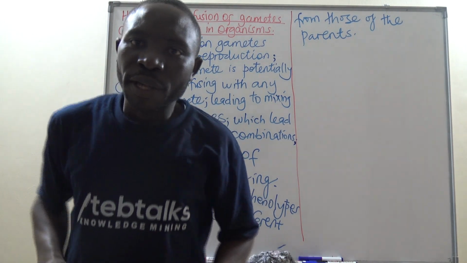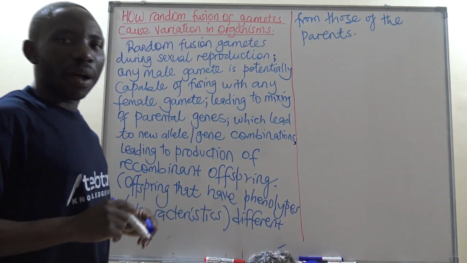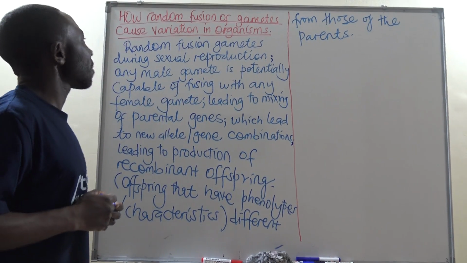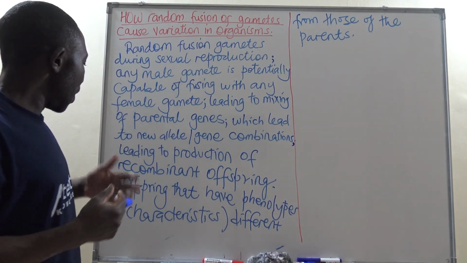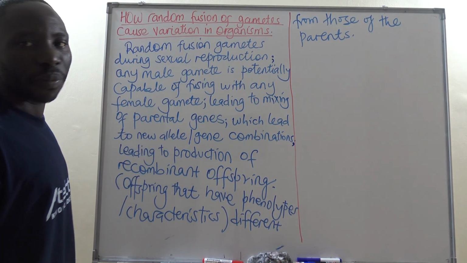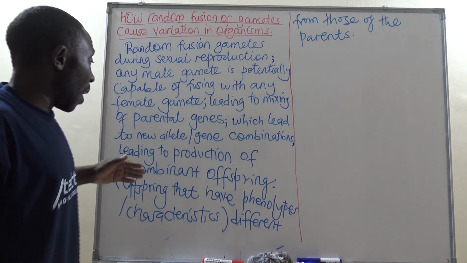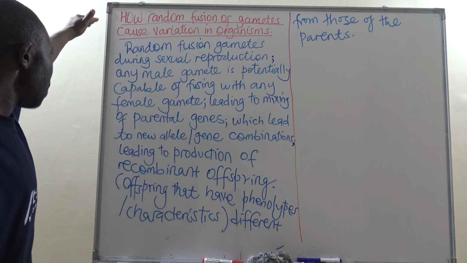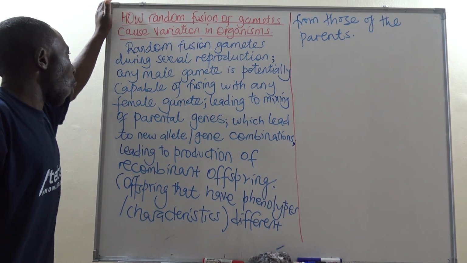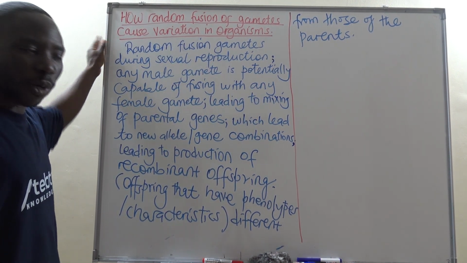So, dear scholars, that is what is happening. We are looking at how random fertilization leads to variation. First of all, as elaborated on the board, we are saying that the random fusion of gametes occurs during sexual reproduction.